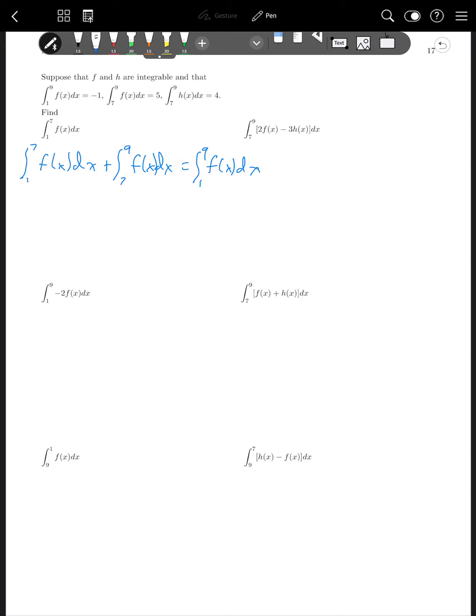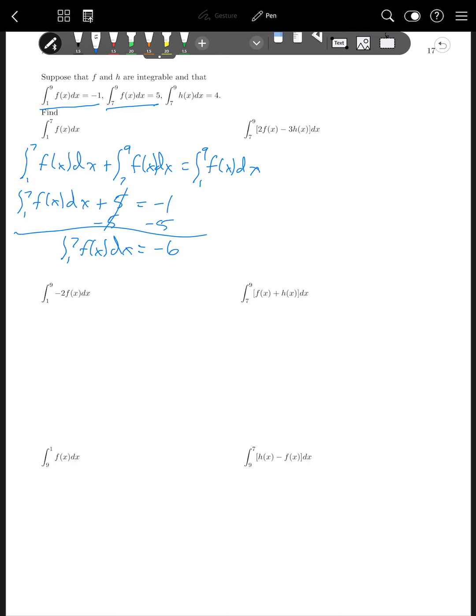And then we can substitute in the values we know. We don't know 1 to 7. We do know that the integral from 7 to 9 of f of x dx is equal to 5 from right there. And we know that from 1 to 9, it's equal to negative 1. Subtract 5 from both sides, and we get that the integral from 1 to 7 of f of x dx equals negative 6.